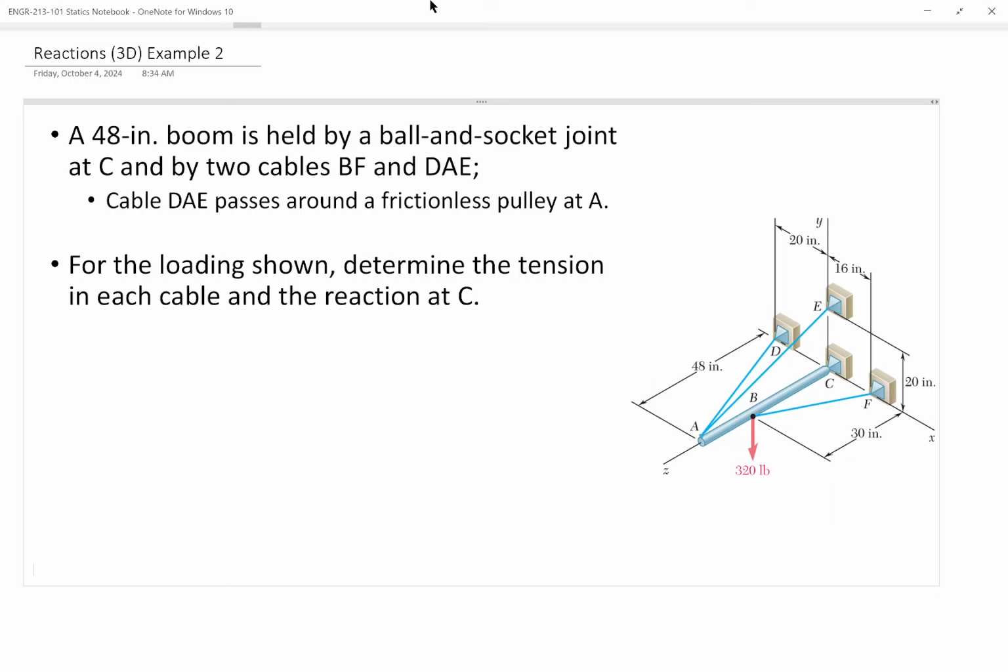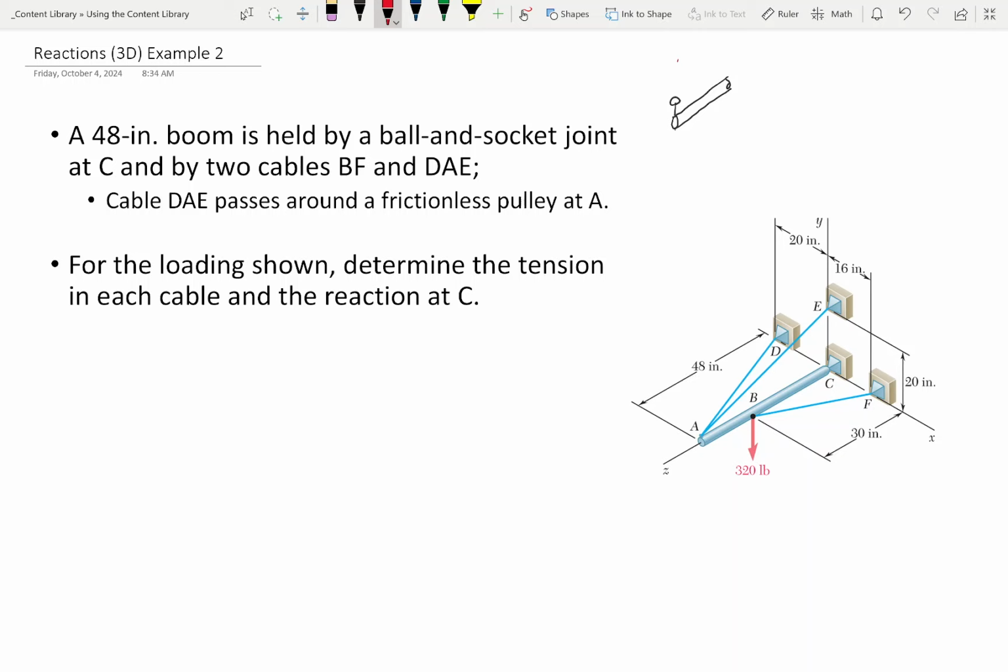We have sort of like a loop at the end of that pipe. And we have a single cable that goes like that. So we'll call this point A. Maybe point E goes like that, and point D goes like that. Okay? So if this is the same cable, is there something you can tell me about the forces inside these two, the force AD and force AE?